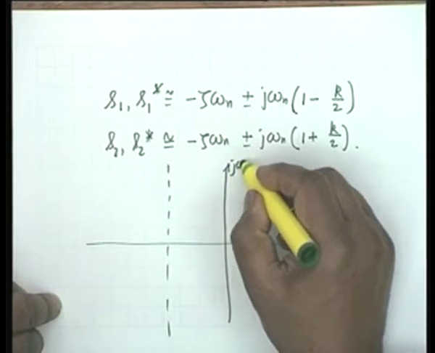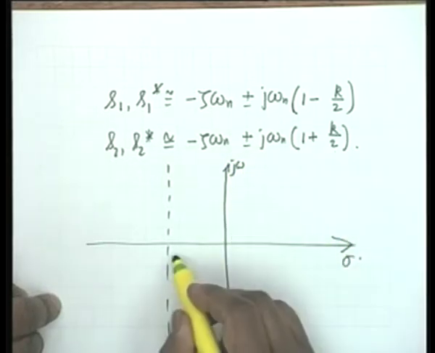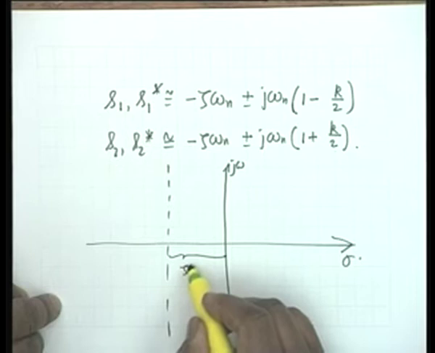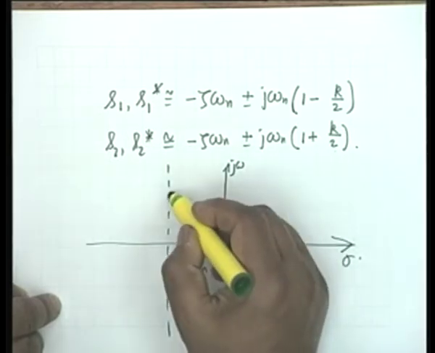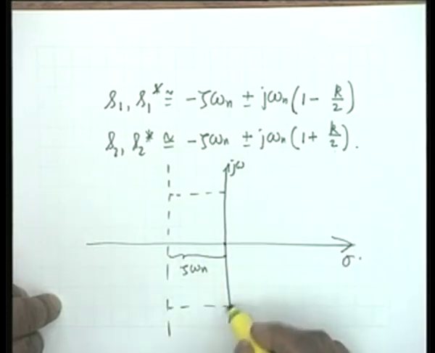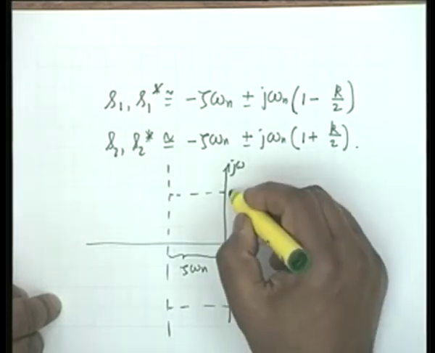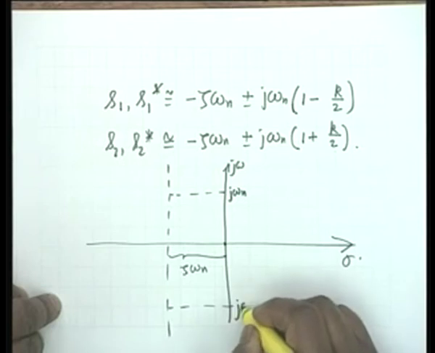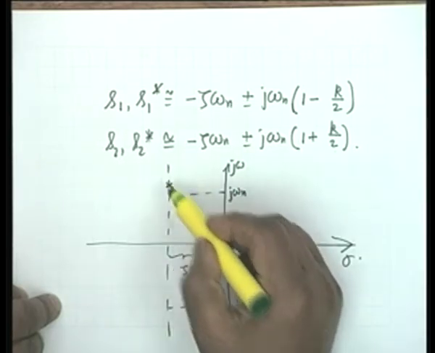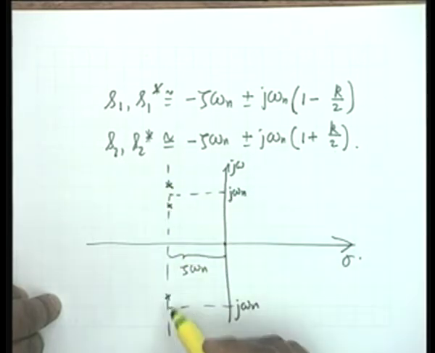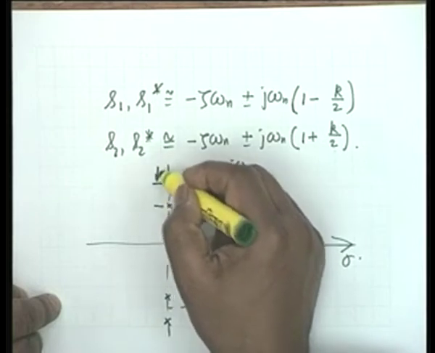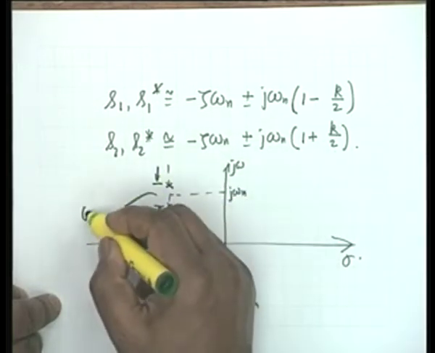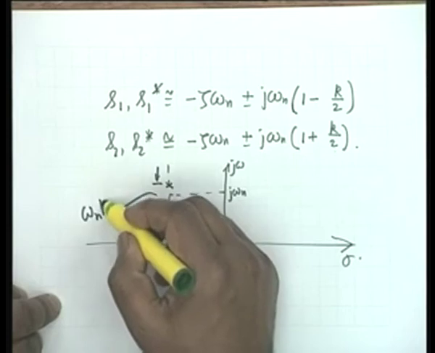And we notice that the pole locations are such that they all lie on a line parallel to the j omega axis at a distance of zeta omega n from the origin, and that they are symmetrically located with respect to j omega n, one on this side, one on this side, similarly one on this side, one on this side, such that the distance between them is given by omega n times k.